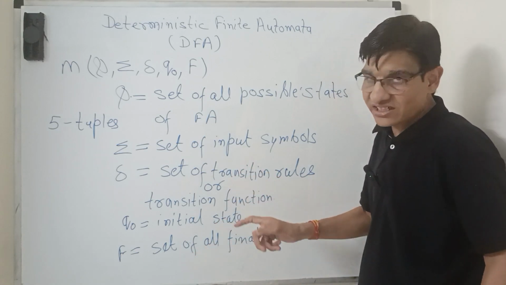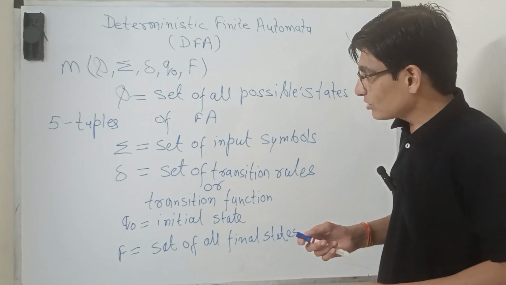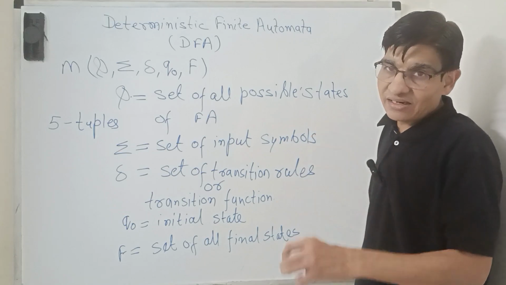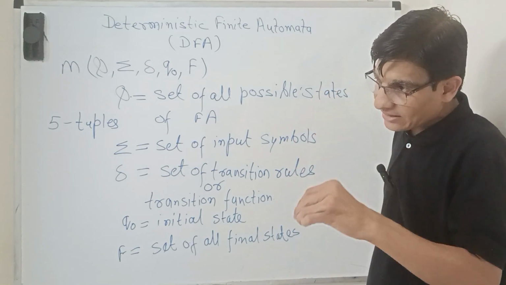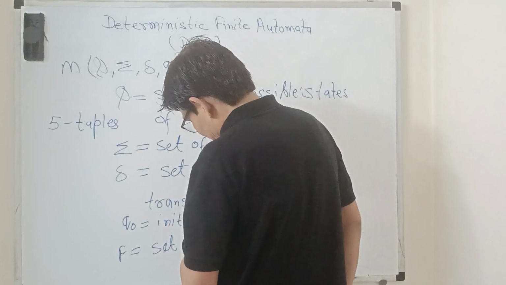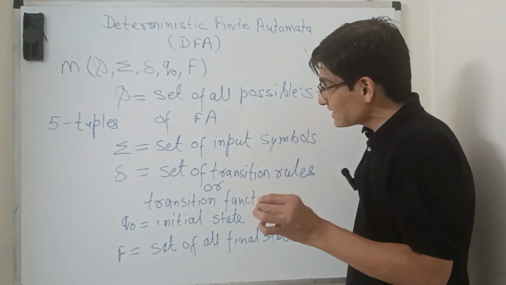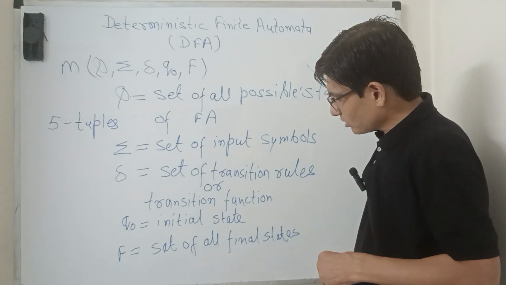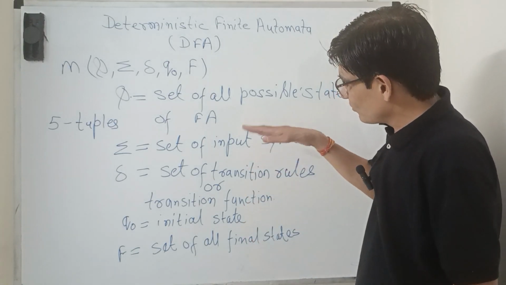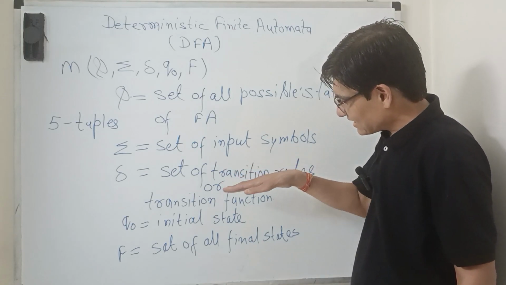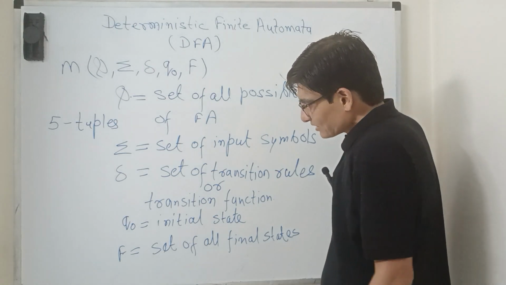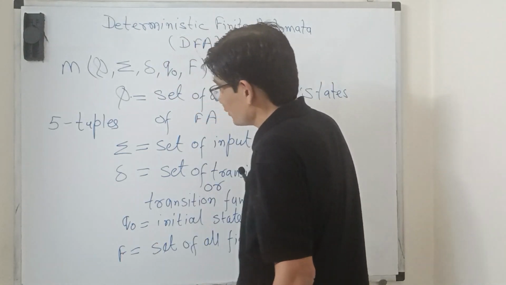Only the initial state will be a single state, because any machine or finite automata can be in a single state at a time. Now, what is the initial state? Without giving any input, whatever state the machine is in is known as the initial state of the machine. So that is represented as Q0.